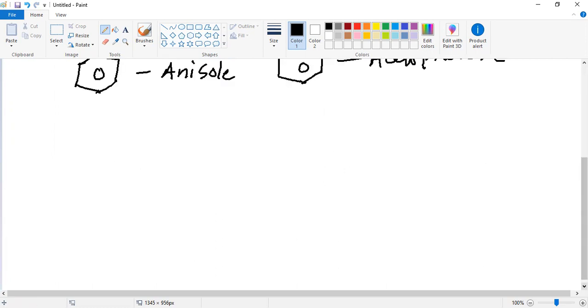Then there are some more, my dear students. If we have benzene that has CH3 on it, we call it toluene.